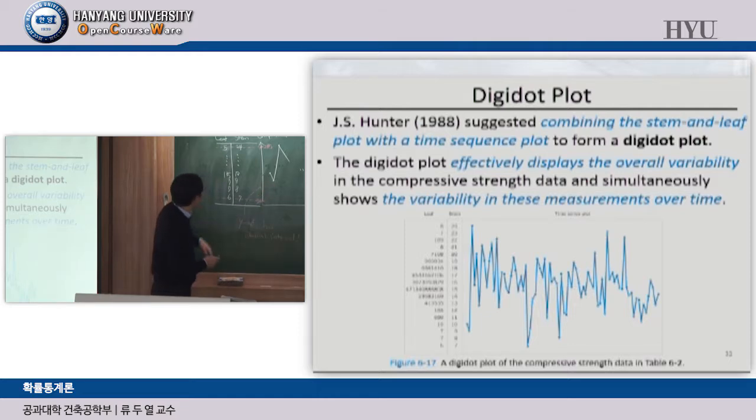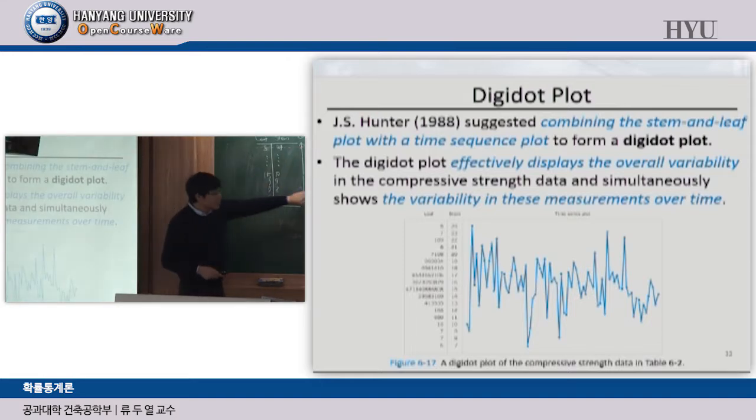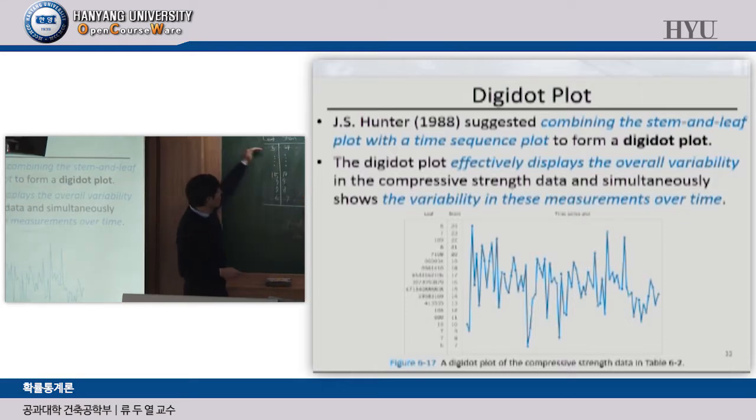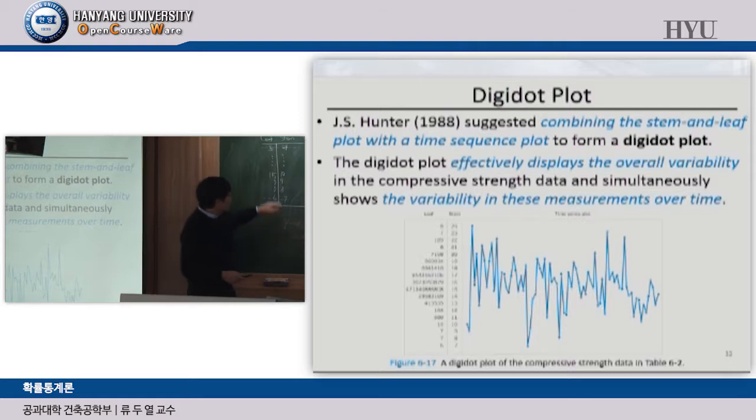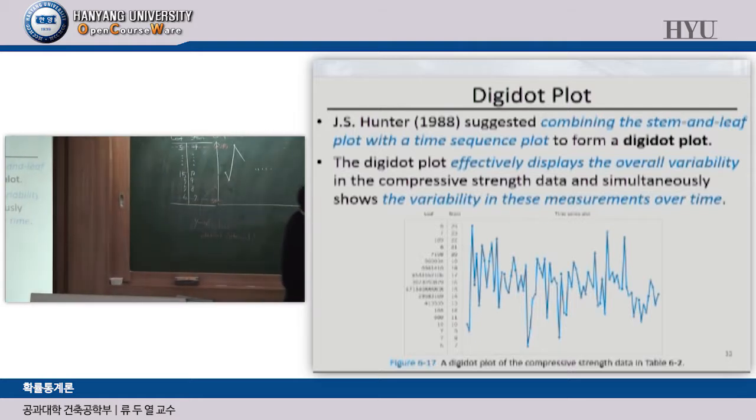But for this case, if we draw the stem and leaf diagram beside the time sequence plot, we need to make sure that the minimum point and the maximum point is identical. Here, here, okay? And then we can assume that the y-axis has the identical interval. And in this case, the stem is continuous, right?